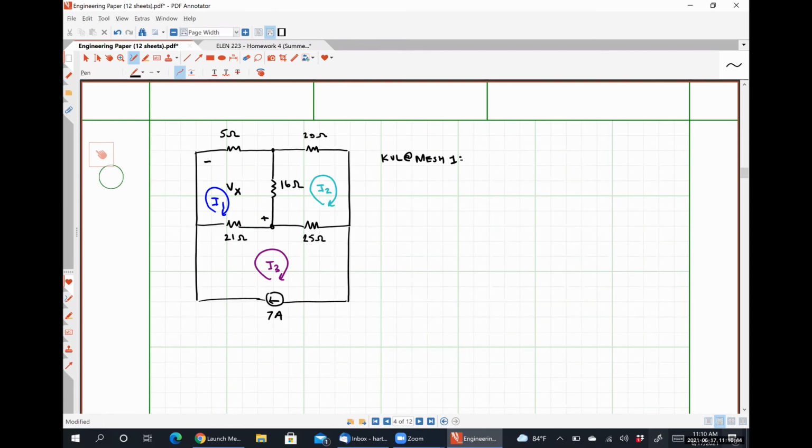So somebody tell me what my KVL equation for mesh 1 is going to be. Starting at the bottom left-hand corner and following our path around that loop.